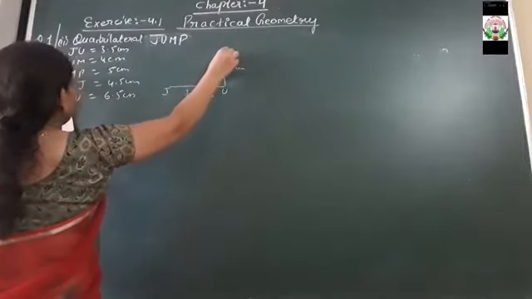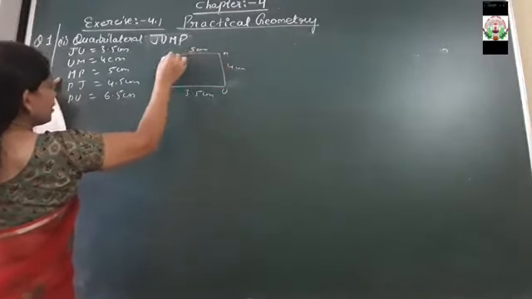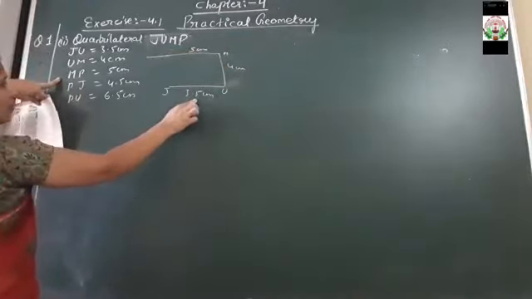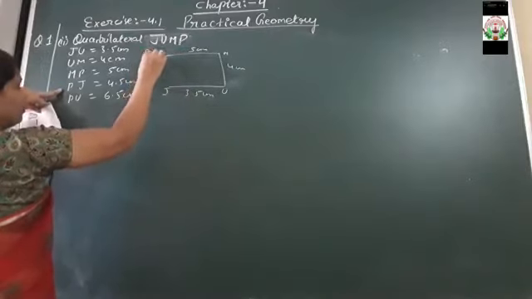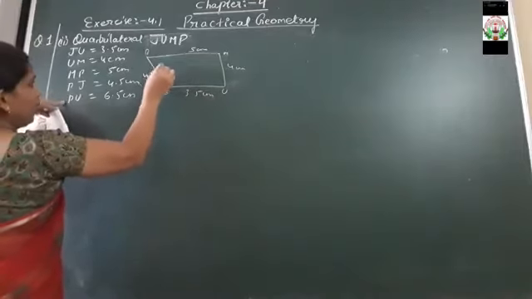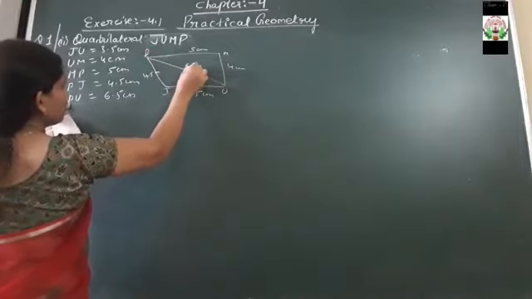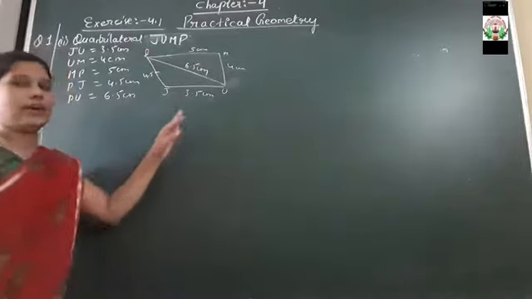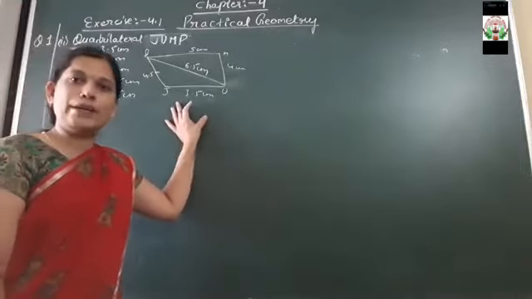Here M. Then MP will be here, that is 5 centimeter. 5 centimeter means it will be more than 3.5, isn't it? Then here P. Then PJ will be joined over here, 4.5 centimeter, and PU, that means the diagonal, is also given as 6.5 centimeter. Here the diagonal is also given, okay? So this kind of a rough sketch is being made.